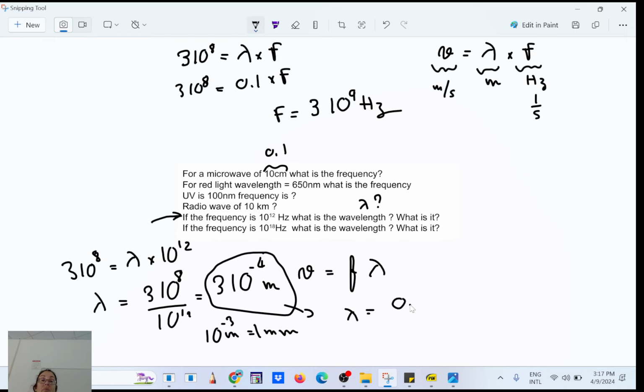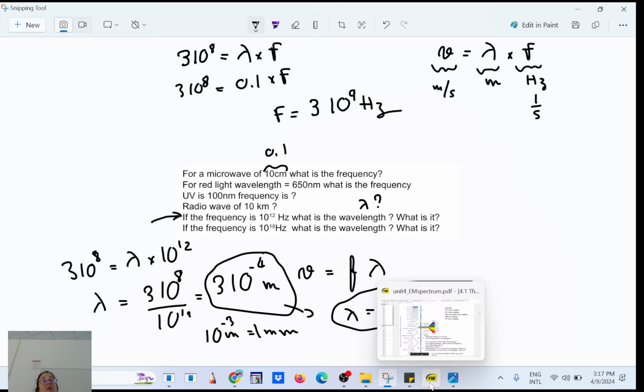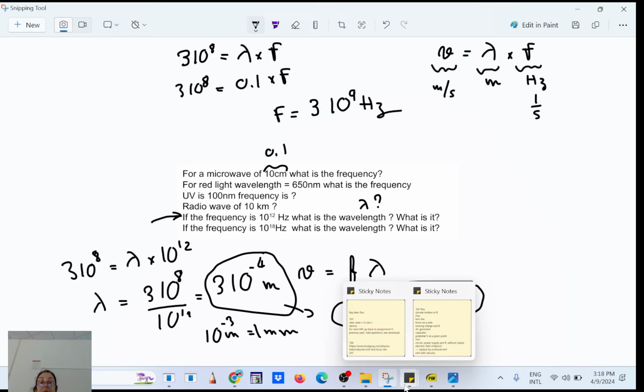So it's going to be 0.3. Is that right? Millimeters.